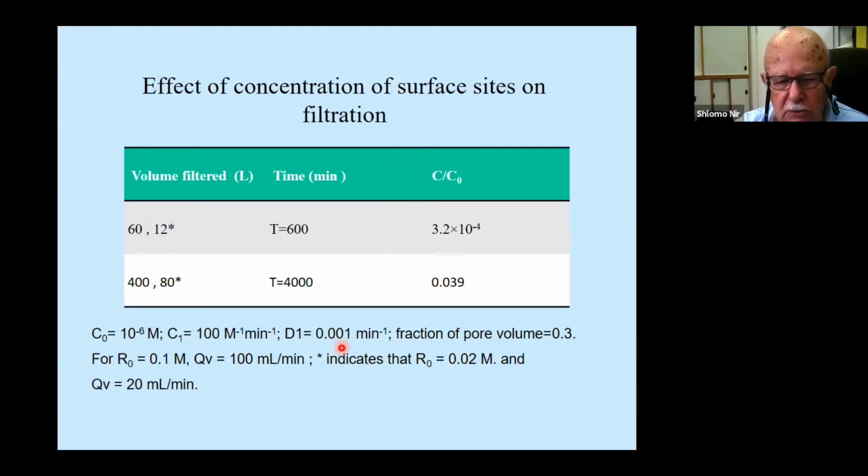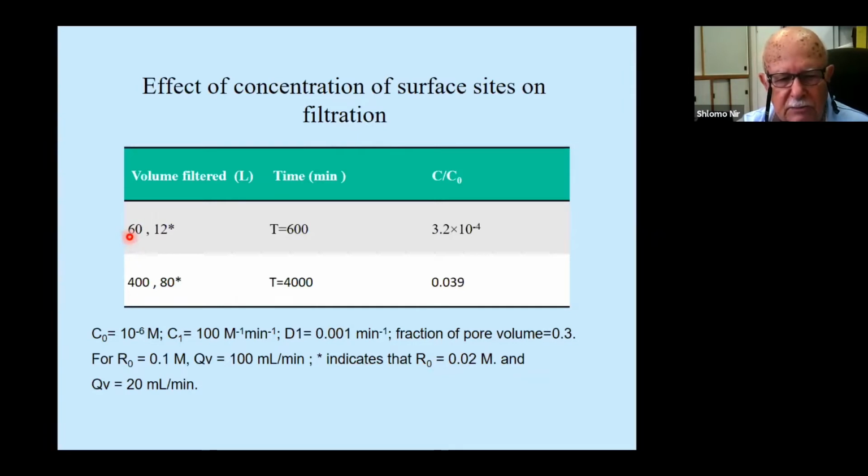This slide shows the effect of concentration of surface sites on filtration. I showed here two cases. One with R0, the molar concentration of adsorbing sites, 0.1 molar, and the second case, indicated by a star, 5-fold less.